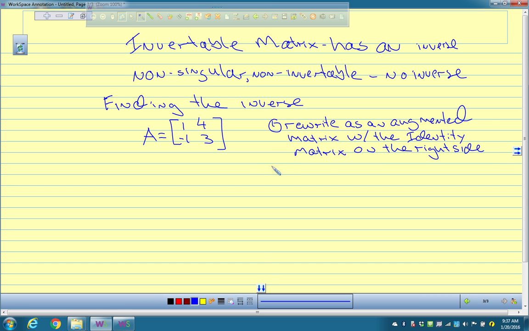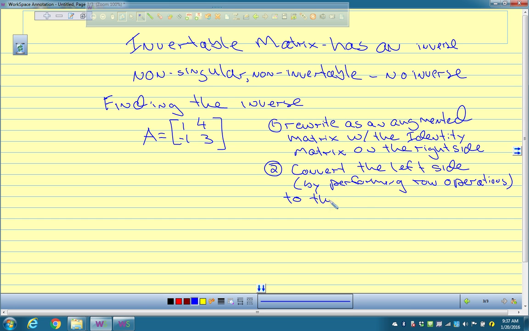And 2 is convert the left side by performing row operations to the identity matrix.